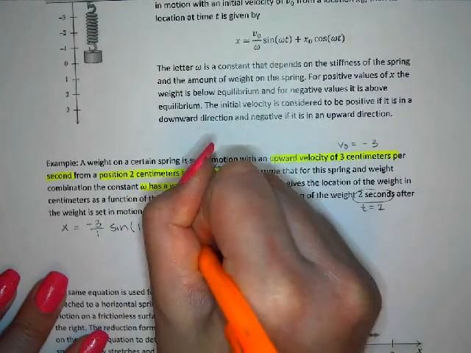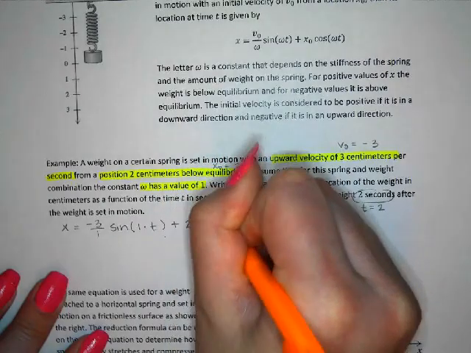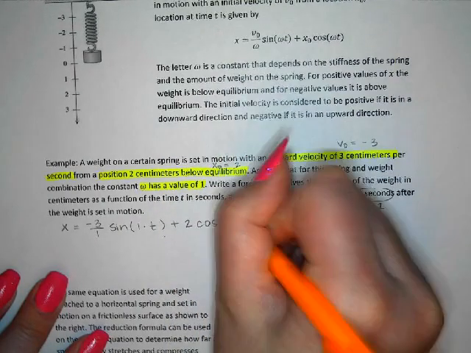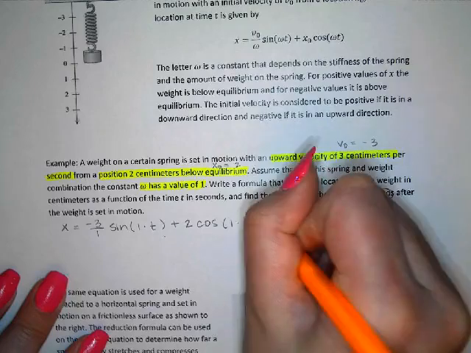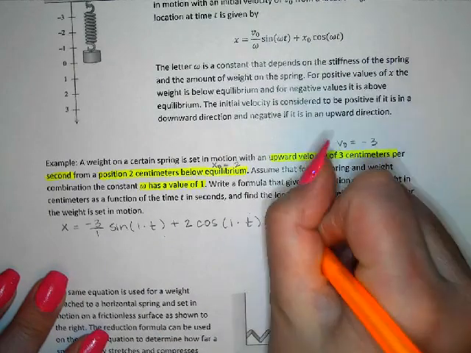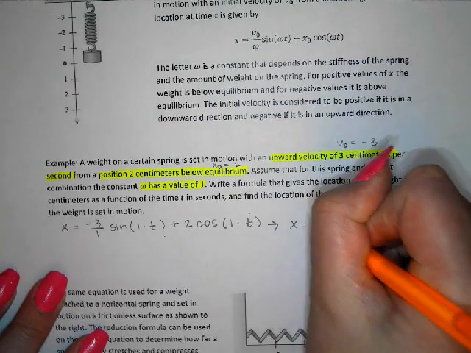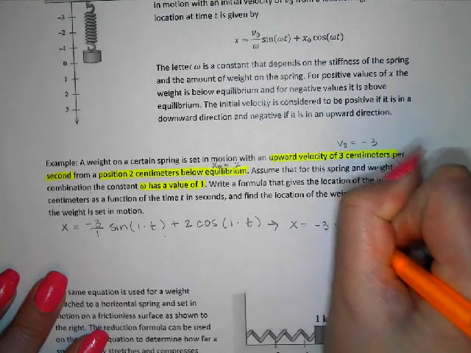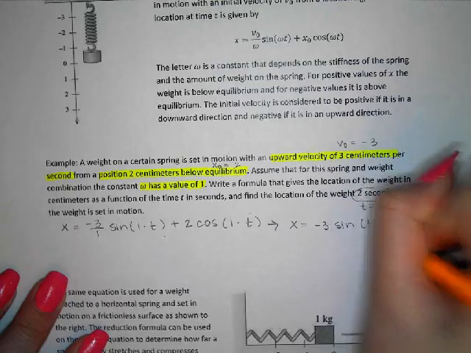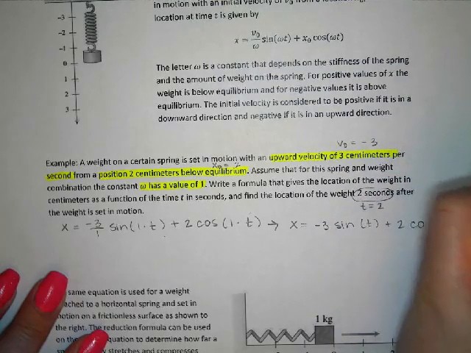Okay, so our equation, if we just clean this up here, we get x equals -3 sine of t plus 2 cos of t. Okay, so that looks really similar to the equations we were just working with. So that's the answer to the first part of the question. It said write a formula, so we wrote a formula.